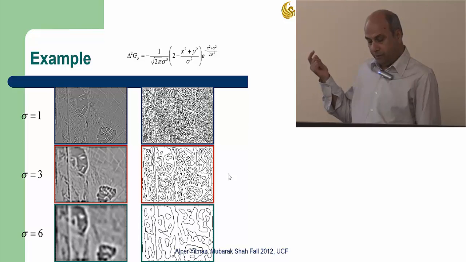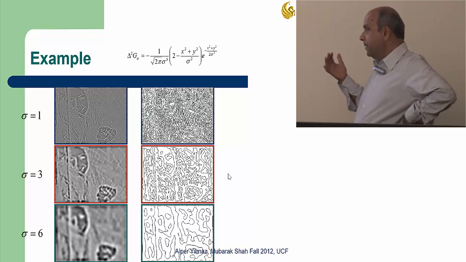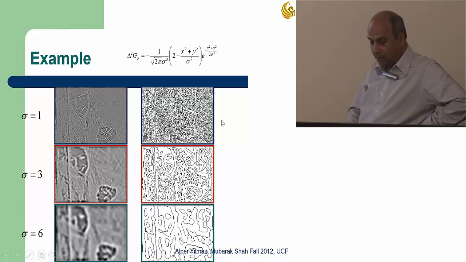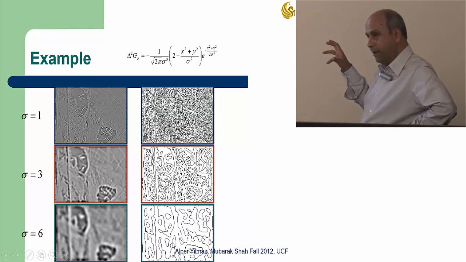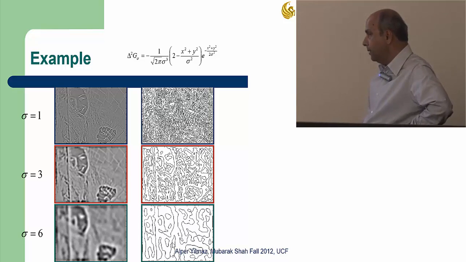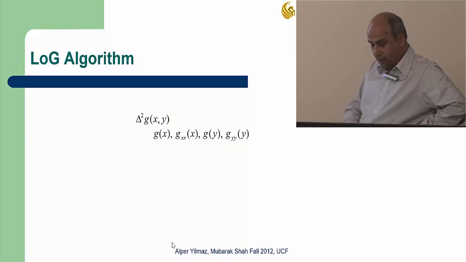Sigma is 1, 2, 3, 6, and that's called a scale or sigma value, and that also relates to the size of the window mask or filter size. We are showing the edges at different sigma values. If sigma is small, you'll get lots of edges. If it is large, you get a small number of edges, but they'll be more blurry, and these small edges will group together and make the big edge. We'll discuss this before and after this lecture also.